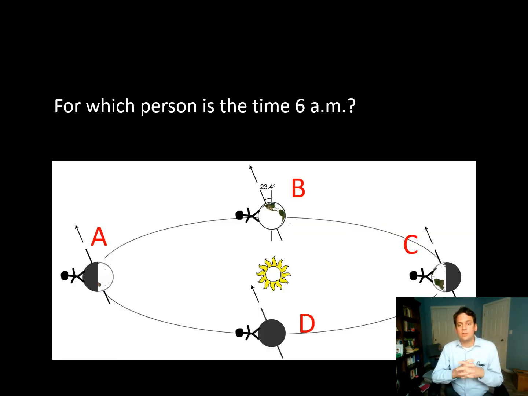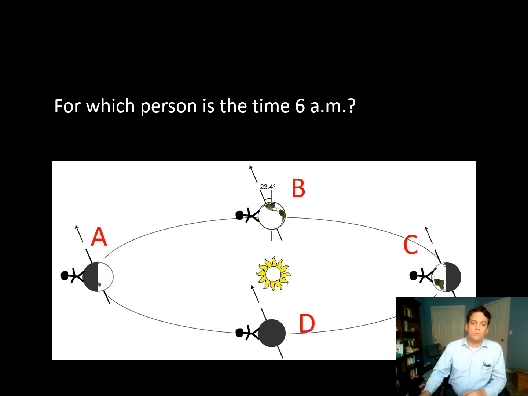So let's take a look at this schematic and just think for a second, or maybe 30 seconds here, which of these people has a time of 6 a.m. currently? And one thing you certainly need to know is that the Earth rotates counterclockwise as viewed from above the North Pole.